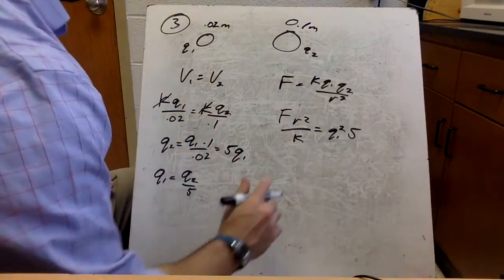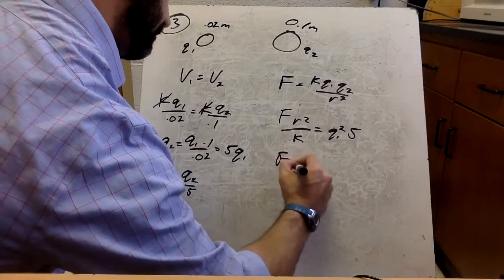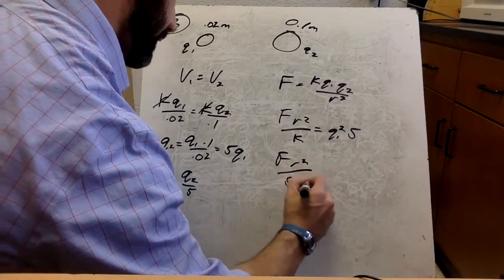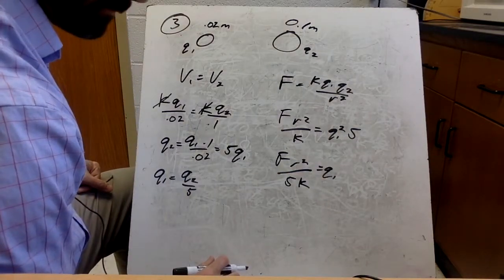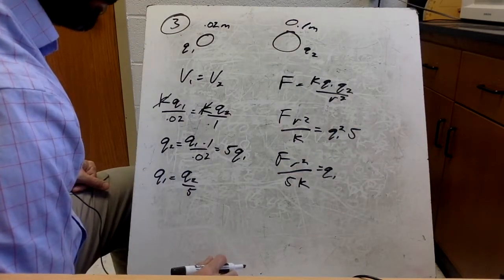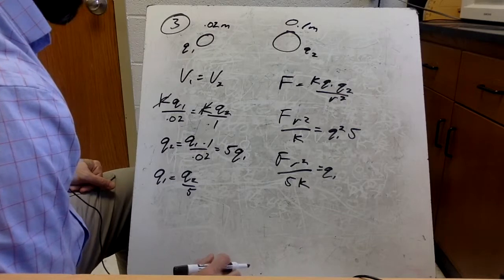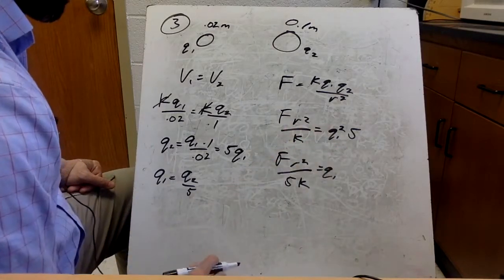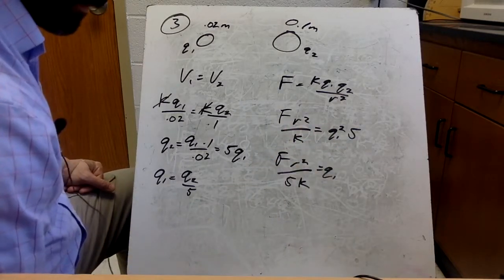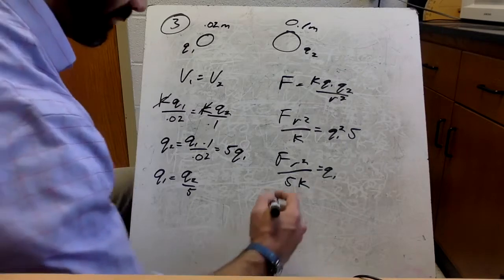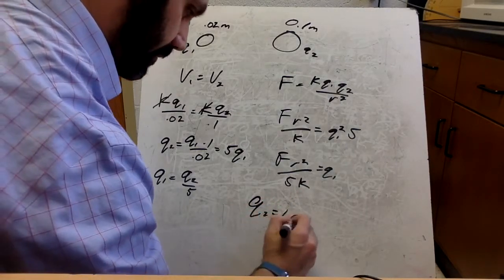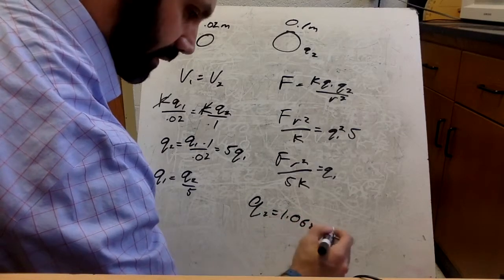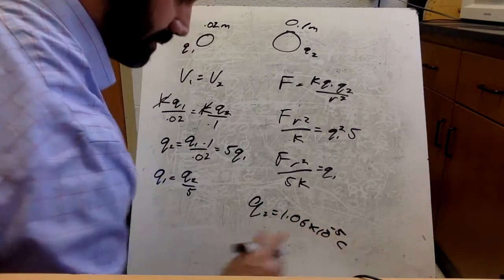So now I take F r squared over 5K, and that's Q1 squared. And then you're just plugging in numbers here. When I did this, I actually calculated Q2. You should end up with Q2 being 1.06 times 10 to the negative 5th coulombs.